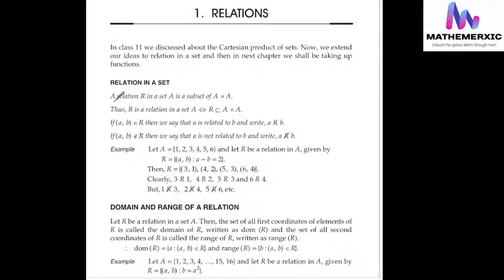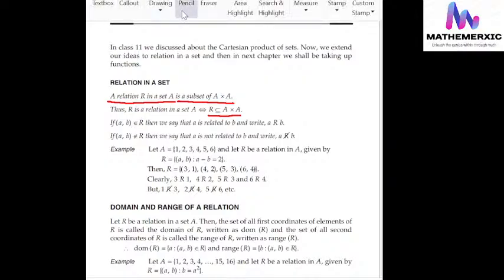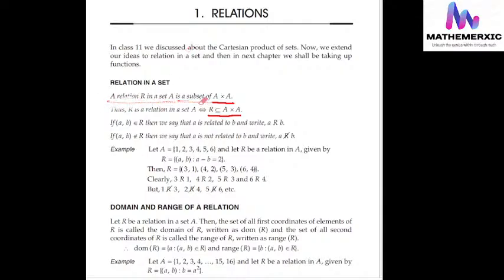So what we can say here, a relation in a set A is a subset of A cross A. Thus, R is a relation in a set A implies that R is a subset of A cross A. If (a, b) belongs to R, then we can say that a is related to b, and write a R b like this.